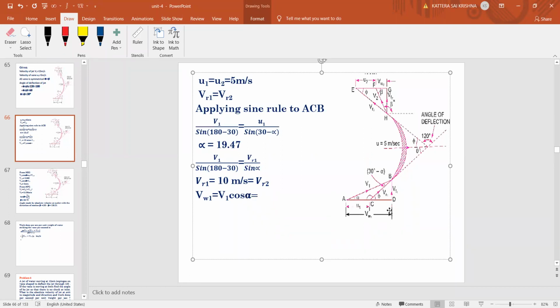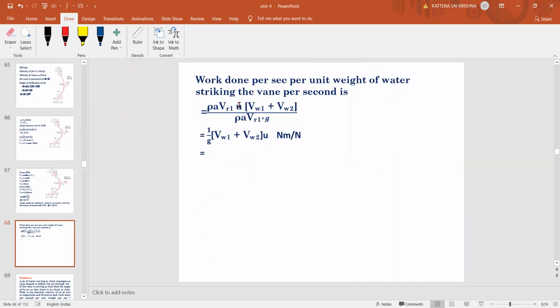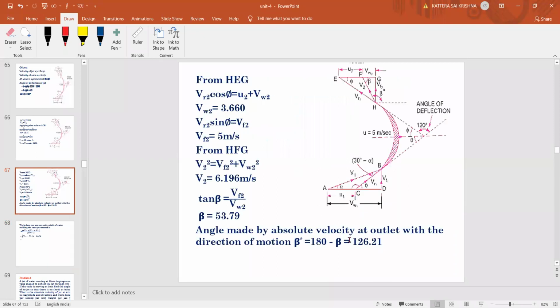So what is V1 given? 15 cos alpha, where alpha value is 19.47. So find VW1 here. 14.14. 14.14 is the VW1 value. So now you can use this VW1, 14.14, here. So 14.14 plus VW2, what you got here? 3.66.